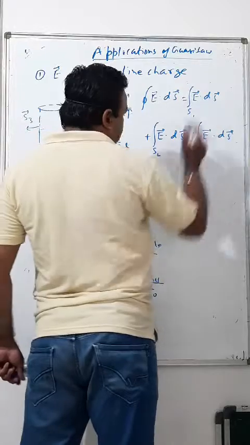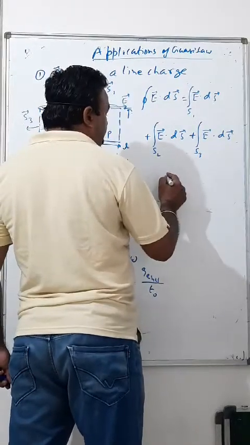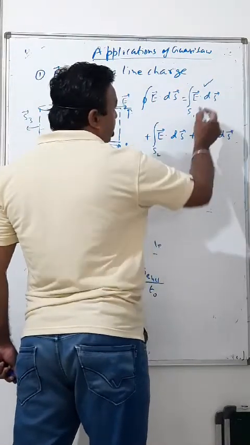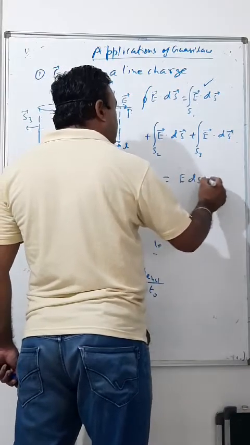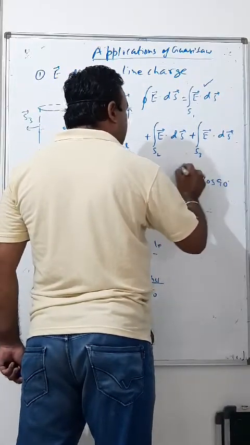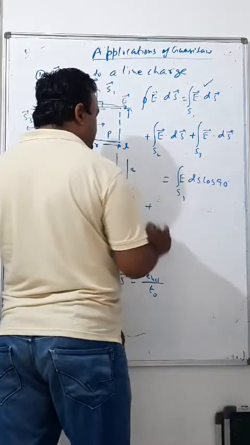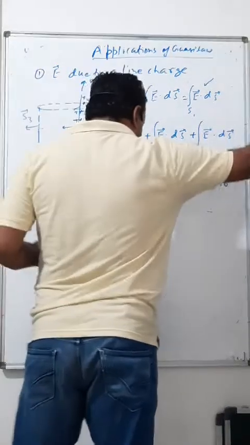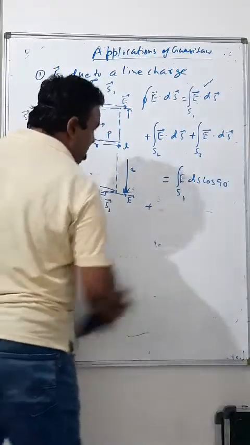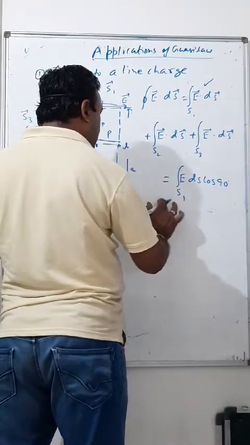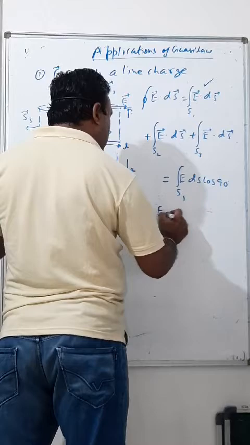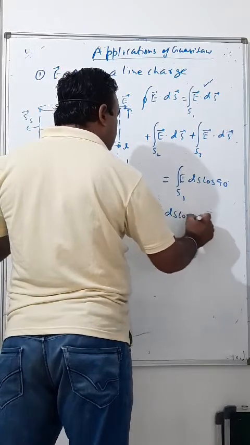So E dot ds for S1 is E ds cos 90, plus for S2, E ds cos 90.